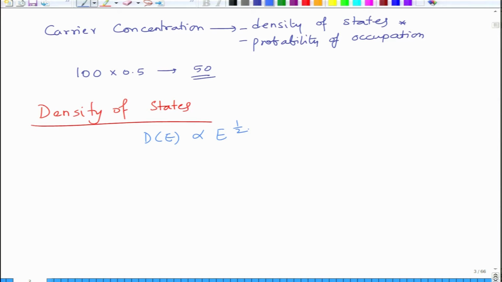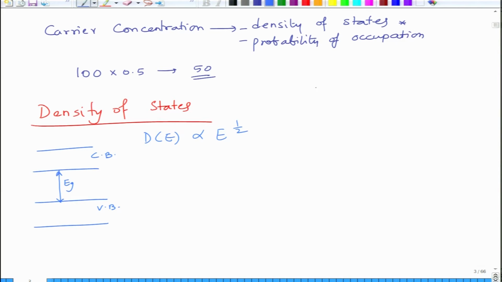However, for a semiconductor we can write it a little more precisely. The band structure is like this: you have the conduction band, the valence band, and a forbidden energy gap.